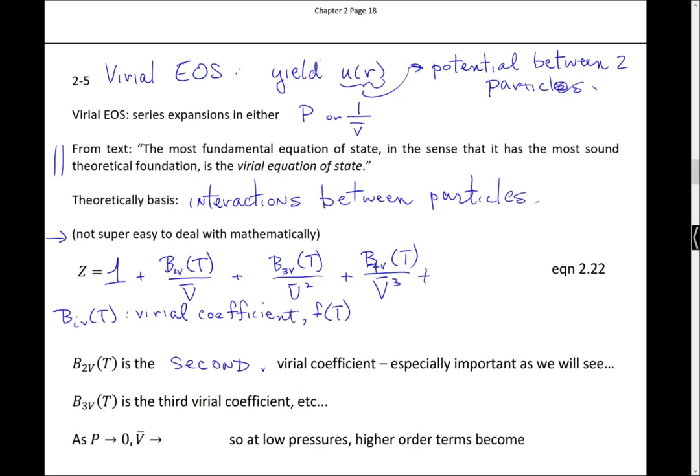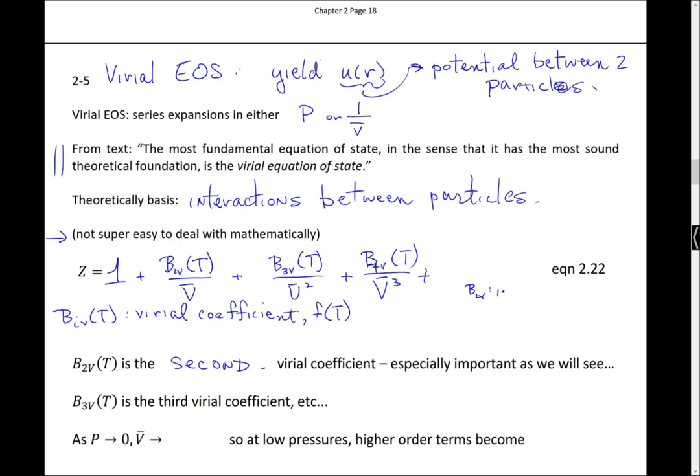All right? Before we go further, all I want to do is just mention what the significance of these virial equations of state are. So B2V is caused by, or a measure of, interactions between two particles. And it's attractive and repulsive interactions. Right?